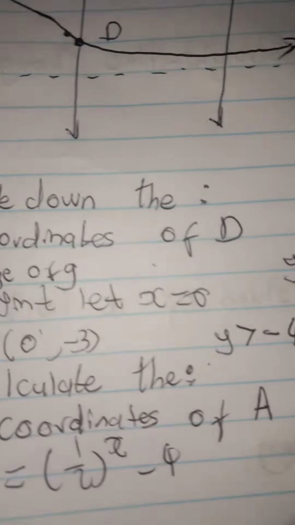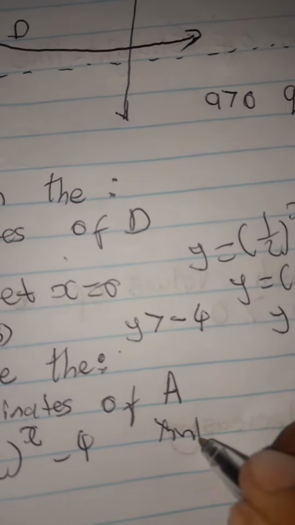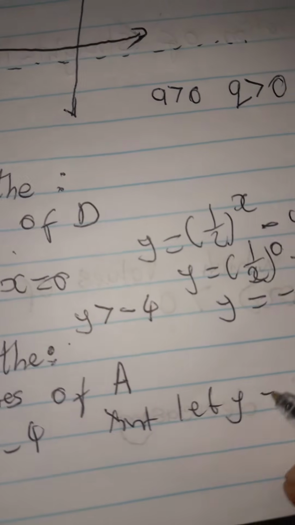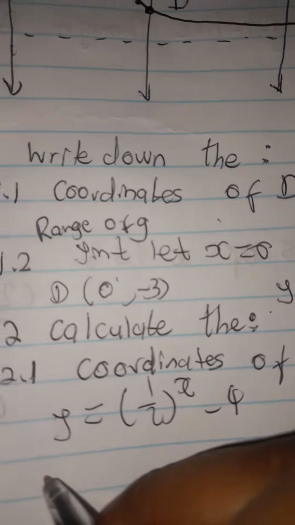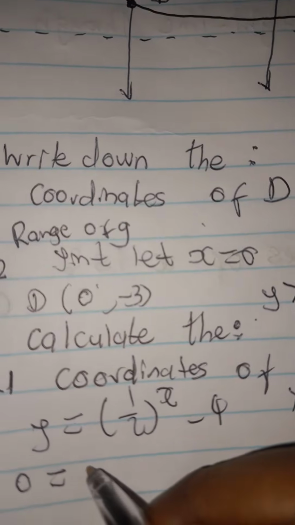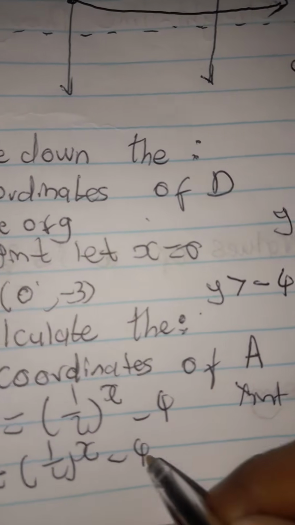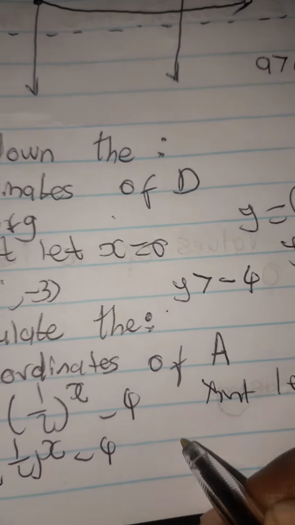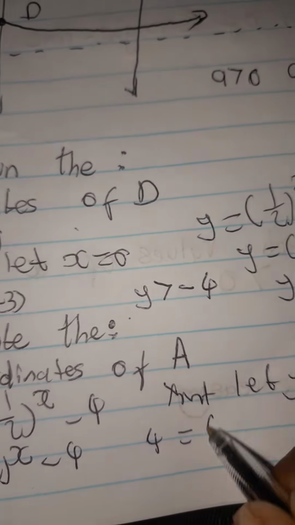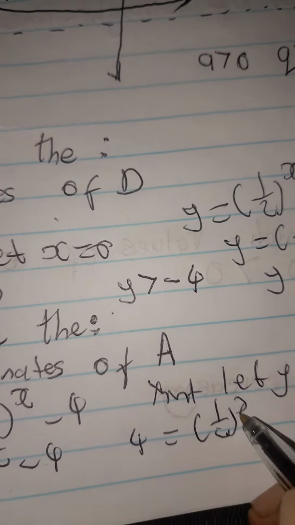So to get A, remember that for x-intercept, you are going to let y be 0 in this case. So where there is y, we are going to place 0, and we have half to the power of x minus 4. Transpose 4 to the right hand side, it will be positive 4, and we are left with half to the power of x.